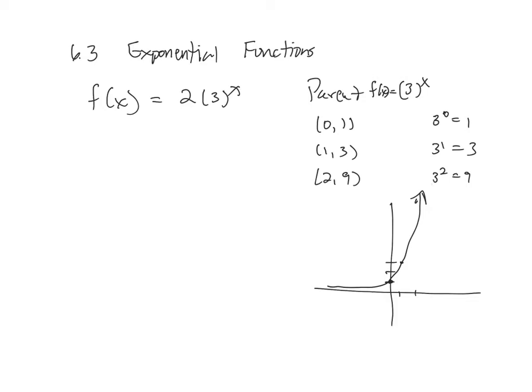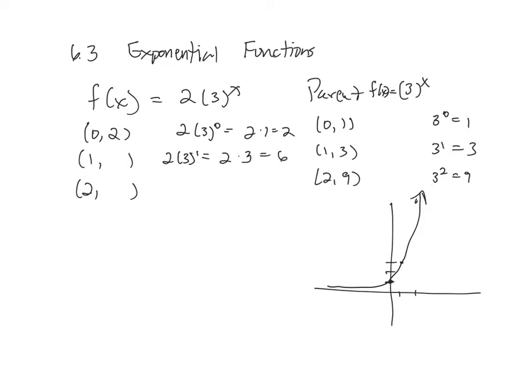Okay, so over here, when I plug in my 0, 1, and 2, I get 3 to the 0 power is 1, times 2 is 2. And then 3 to the first power is 3, times 2 is 6. And then 3 to the second power is 9, or 18.